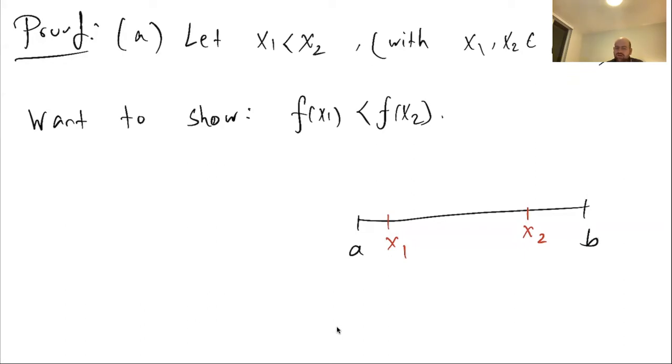Now I want to apply MVT. That's why I'm saying this is an application of MVT, the mean value theorem. I want to apply MVT for f on the interval x1 and x2.